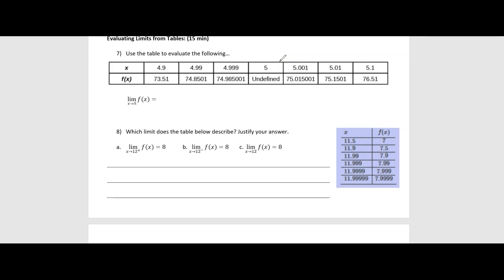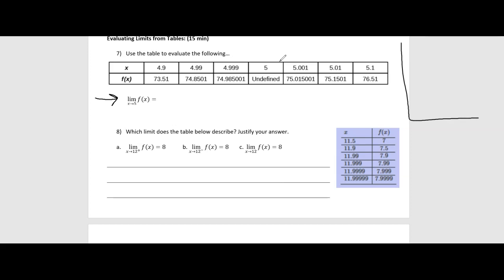And we're given a limit where it says the limit of f of x as x approaches 5 is equal to blank. Now, with graphs, it was usually a little bit easier to figure out the limit because we could literally put our pencil or pen or finger on the paper and just trace the function from both sides to see where it was going.